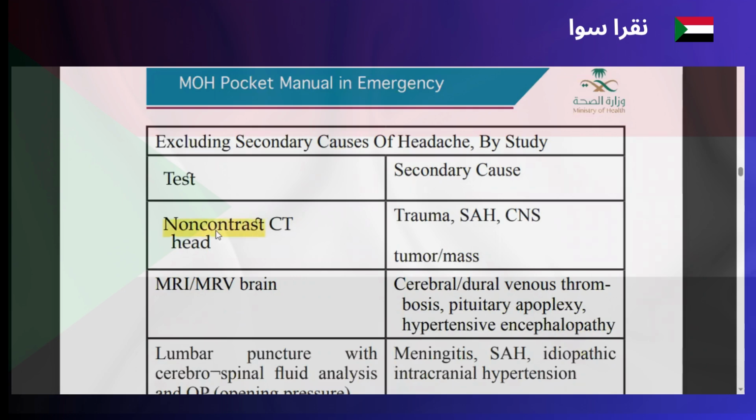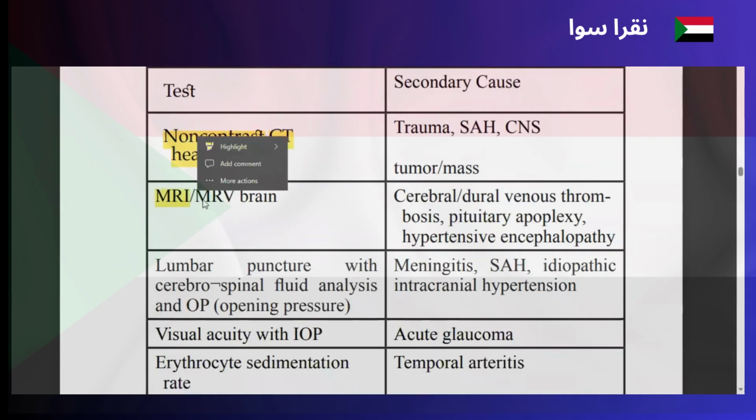We have non-contrast CT head to exclude trauma, subarachnoid hemorrhage, CNS tumor or mass. MRI and MRV brain to exclude cerebral dural venous thrombosis, pituitary apoplexy, hypertensive encephalopathy.